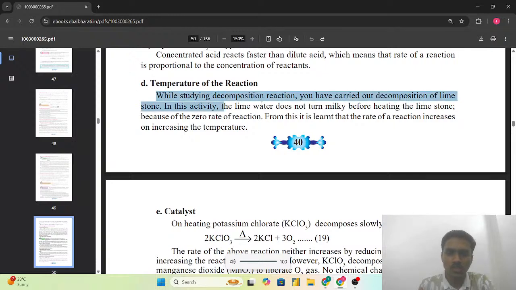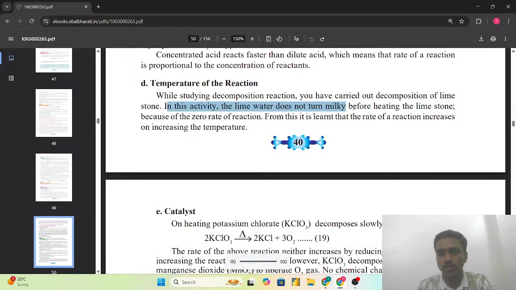While studying decomposition reactions, you carried out the decomposition of limestone. In this activity, the lime water does not turn milky before heating the limestone because of the zero rate of reaction. From this, it is learned that the rate of the reaction increases on increasing the temperature. In the decomposition of limestone, CaCO3 when provided with heat forms calcium oxide and carbon dioxide gas is released.